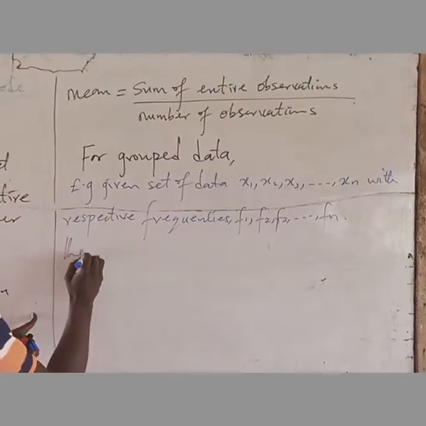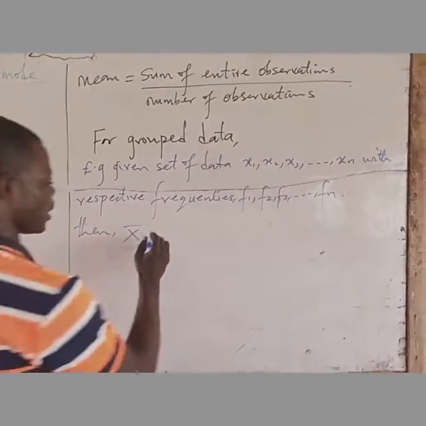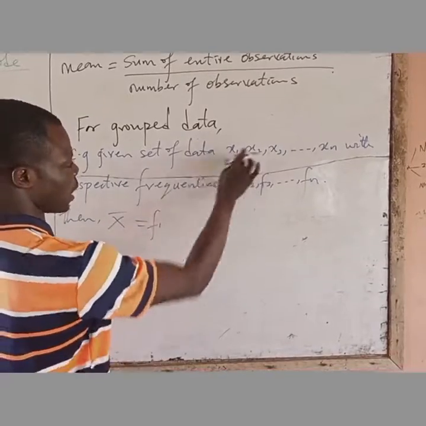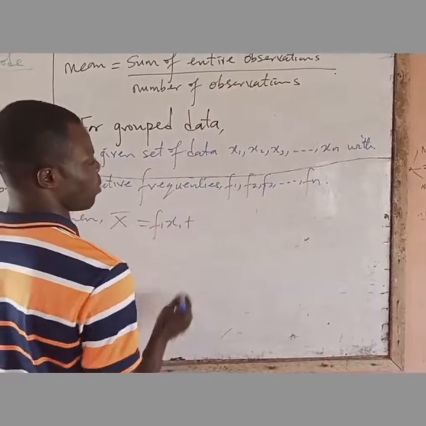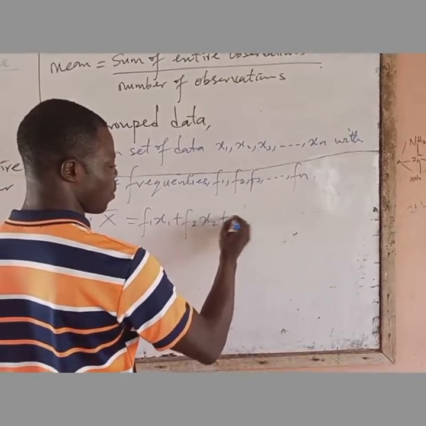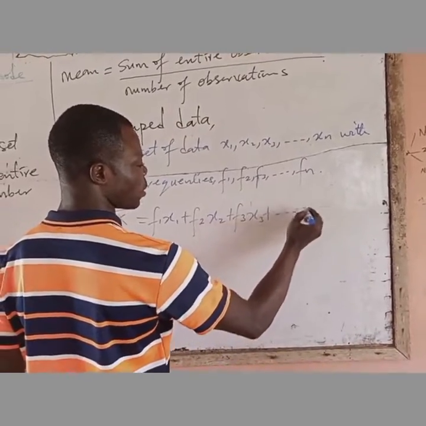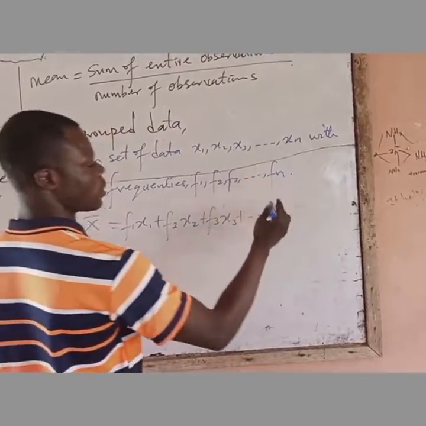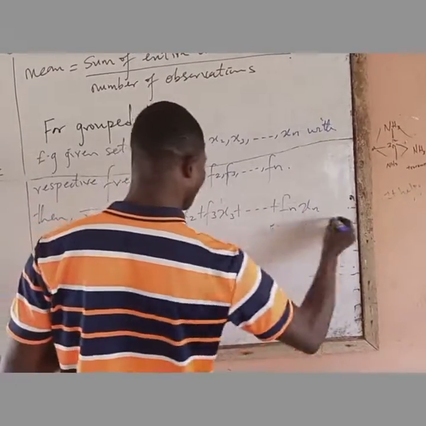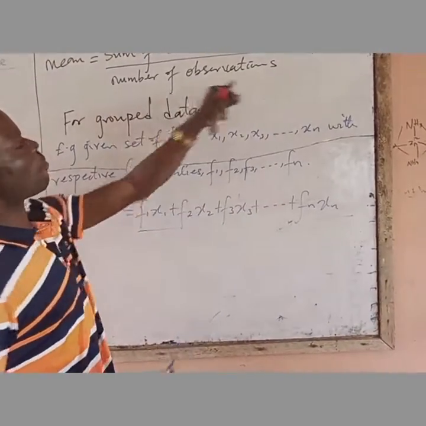Then the mean, which is x bar, is given as f1 times x1 plus f2 times x2 plus f3 times x3 plus to the last value fn times xn all over. The frequency will now be the number of observations.